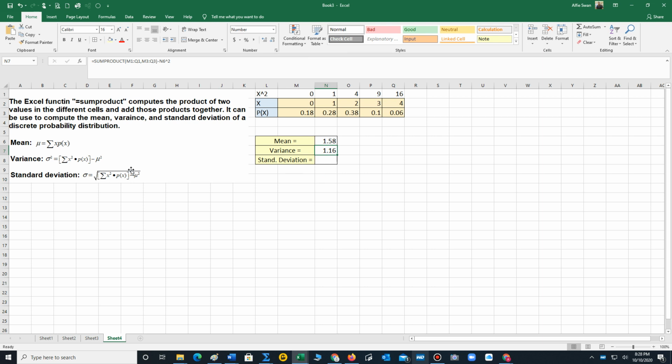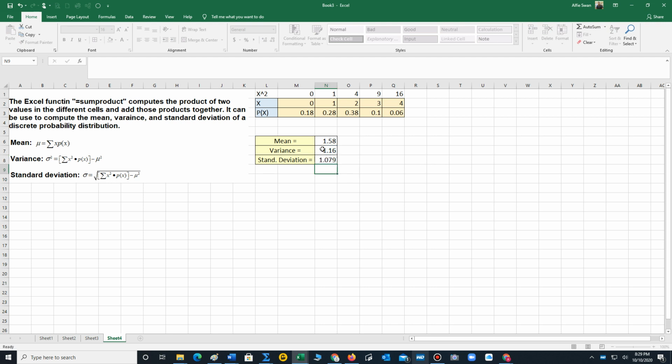Finally, to compute the standard deviation, we need to take the square root of the variance. Excel has a built-in square root function. We type equals SQRT parentheses. Inside the parentheses, we select the cell that contains the variance.